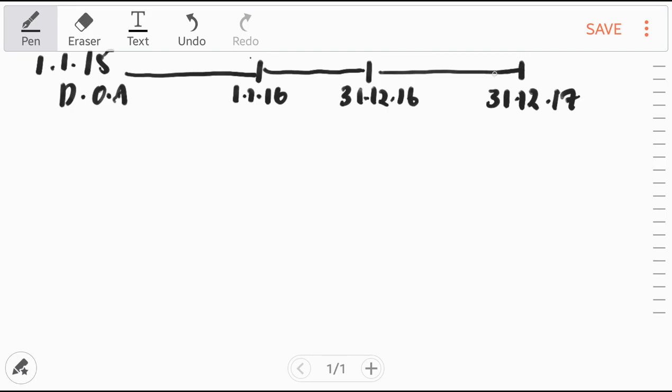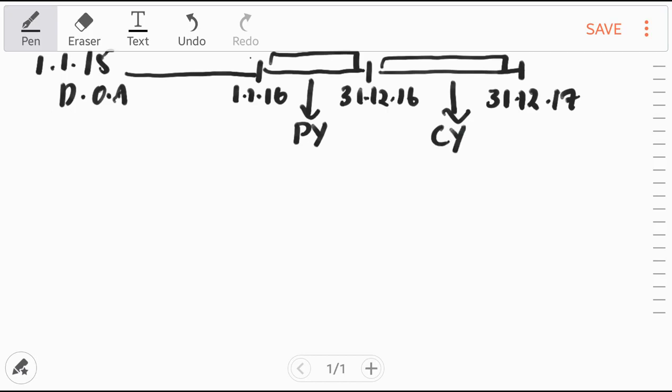So these are the years that you are asked to show your accounting treatment. One here, another one here. So this is the prior year. Here, this is the current year. Okay.